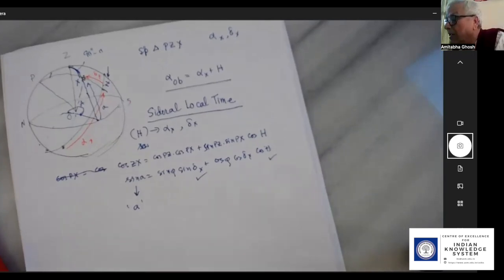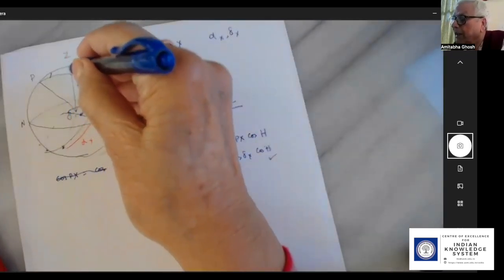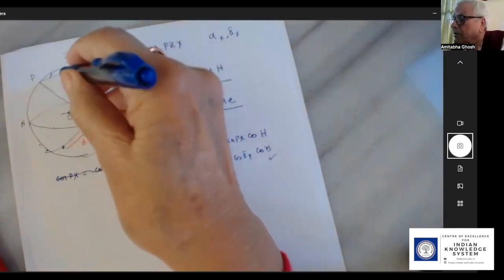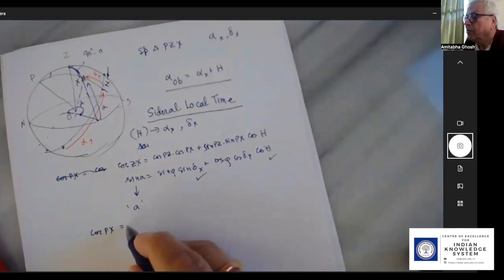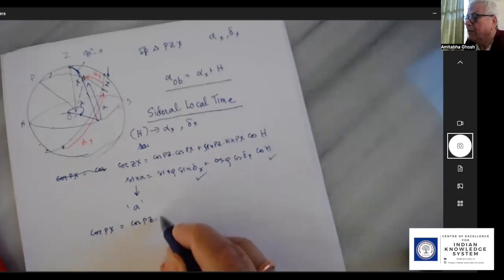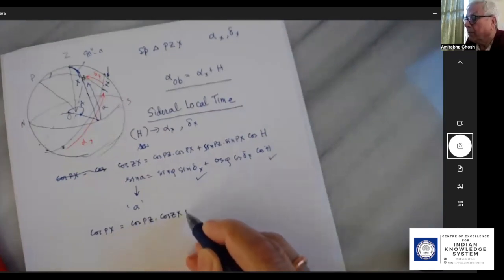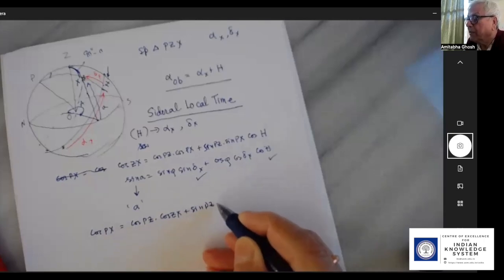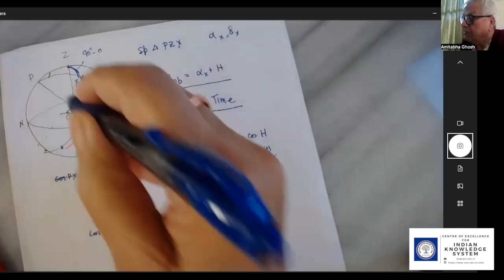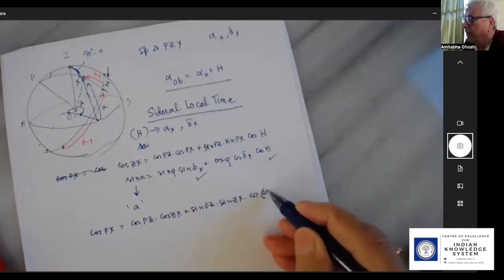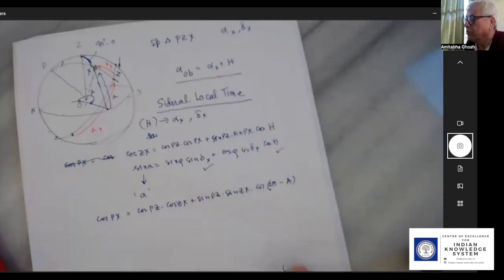Now to find out the azimuth. How do you find out the azimuth? You have to find out this angle, so you have to consider this. Cosine Px will be equal to cosine Pz into cosine Zx plus sine Pz into sine Zx into cosine of this angle, which is pi by 2 minus azimuth.